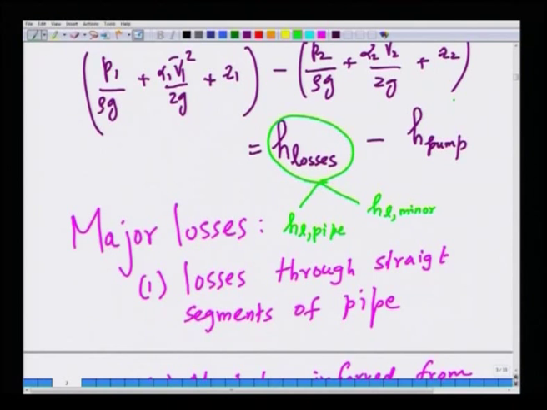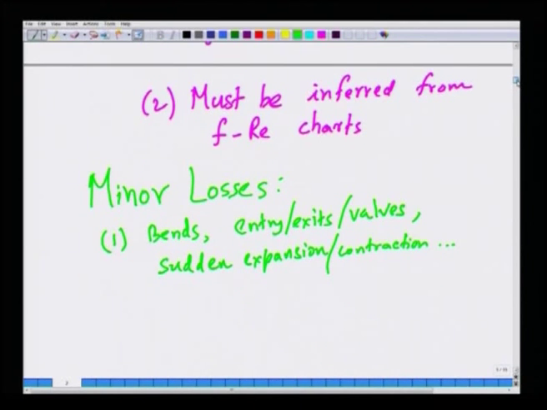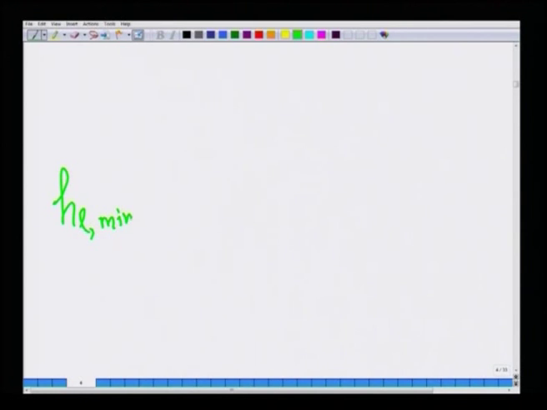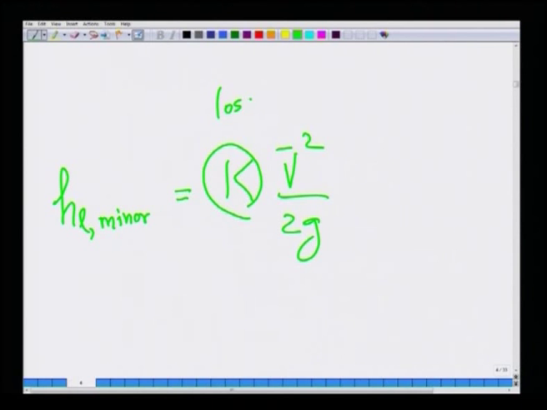So, the major losses will have to be calculated from friction factor charts, the minor losses will again have to be derived from experiments, but there are standard values that are written down for minor losses. Typically, the minor losses are written or correlated as a loss coefficient times V squared by 2g. This is called a loss coefficient.